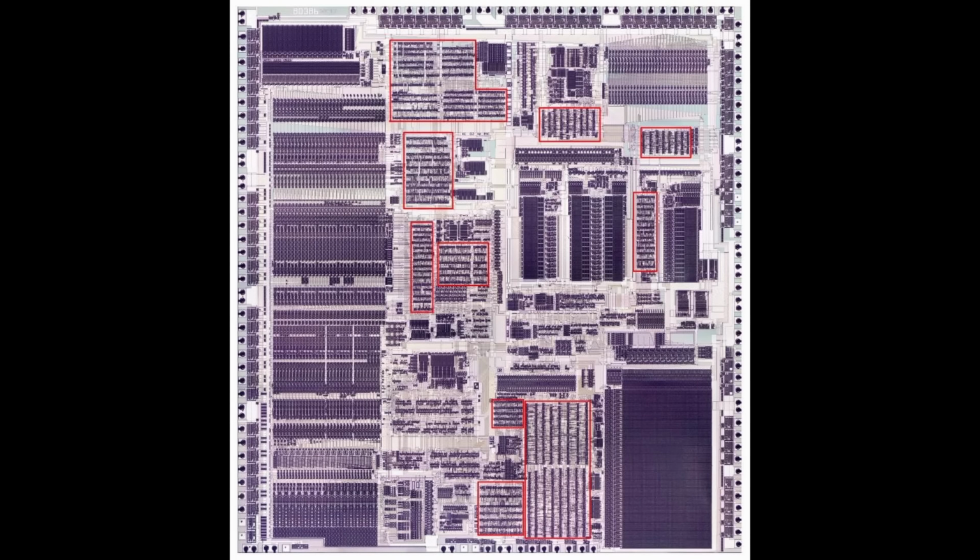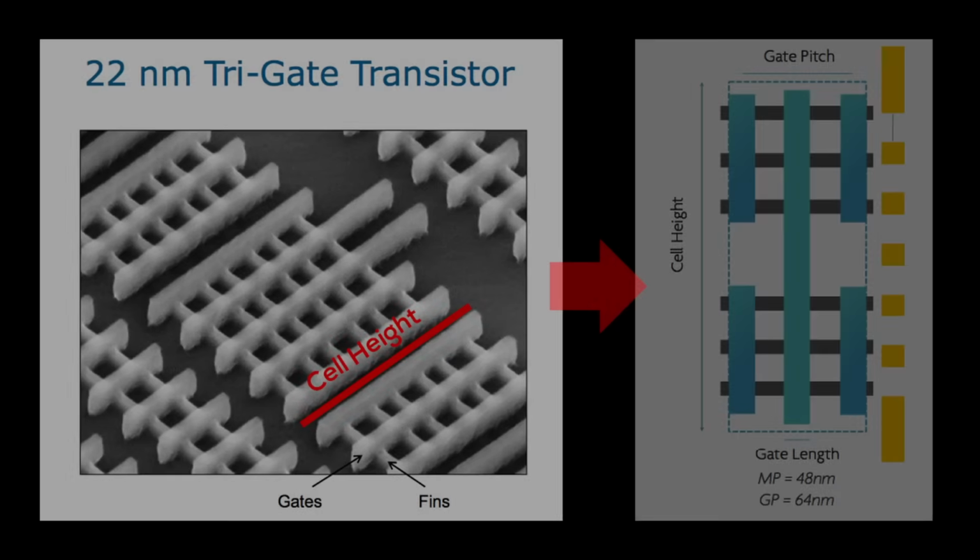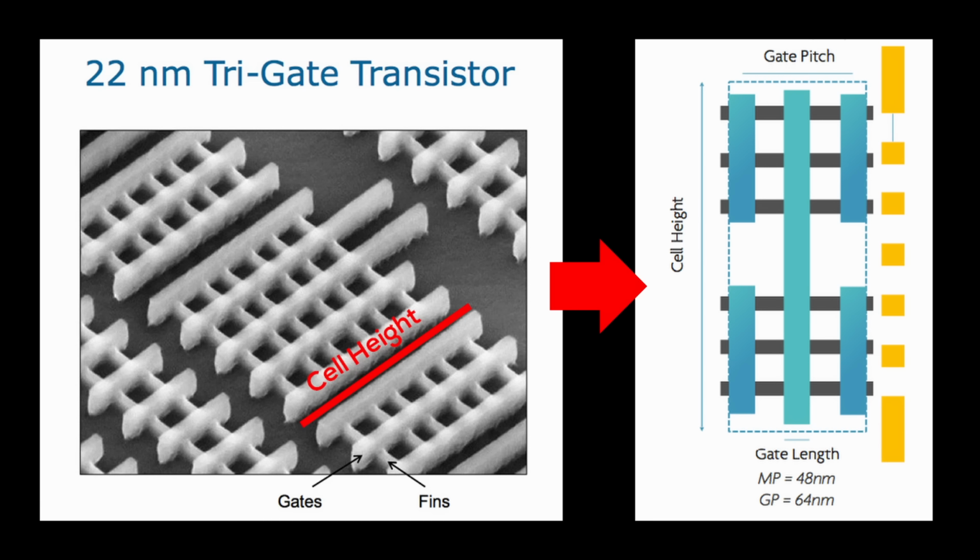The combination of multiple cell rows then creates a logic block. But not only do we have to place our cells in rows, we also have to follow another important guideline. Only cells with the same cell height can be placed together, and by extension this also applies to the whole logic block. Remember, cell height was the term that refers to the length of a cell and not its actual height. The reason for this rule is simple.